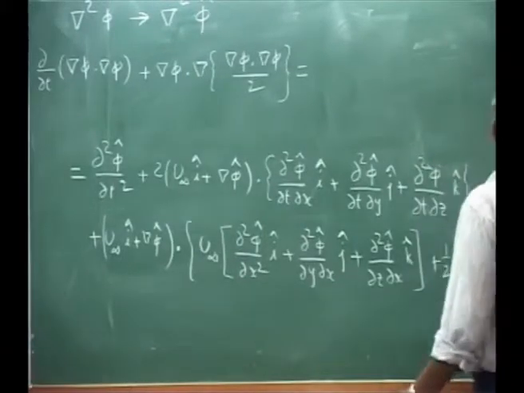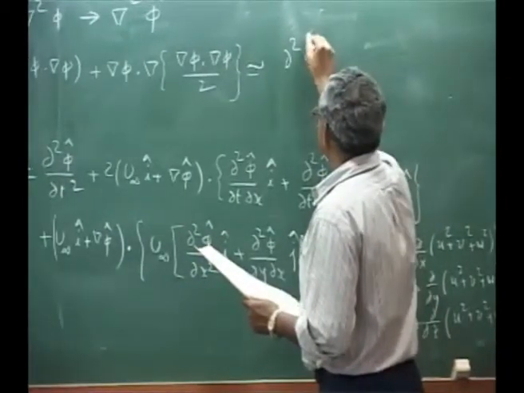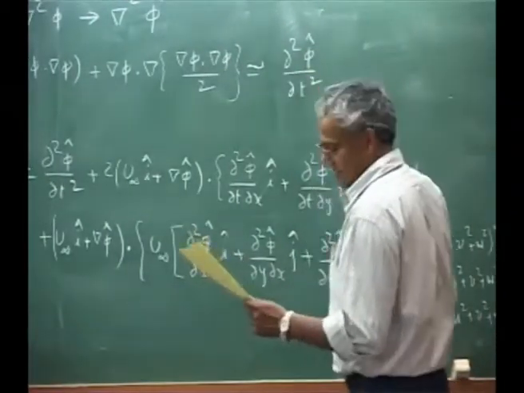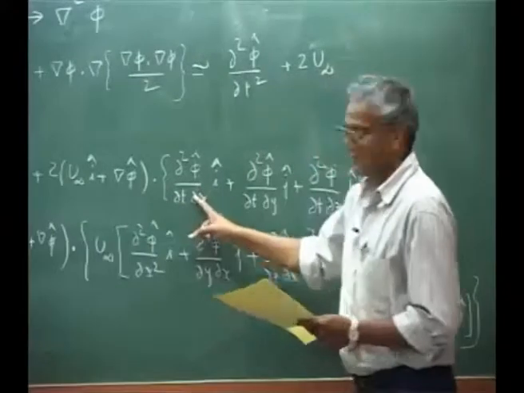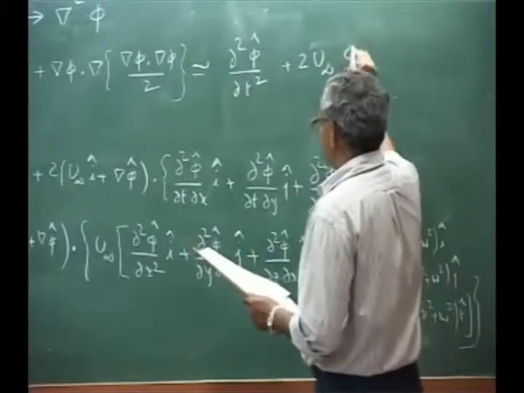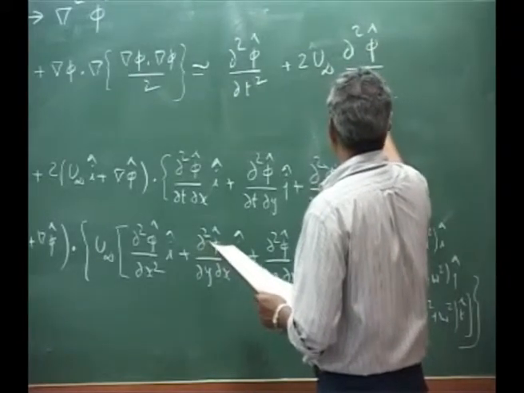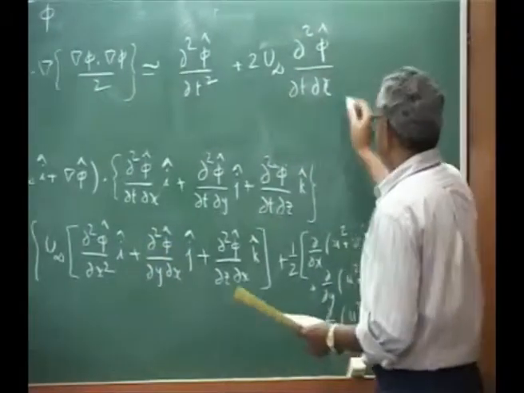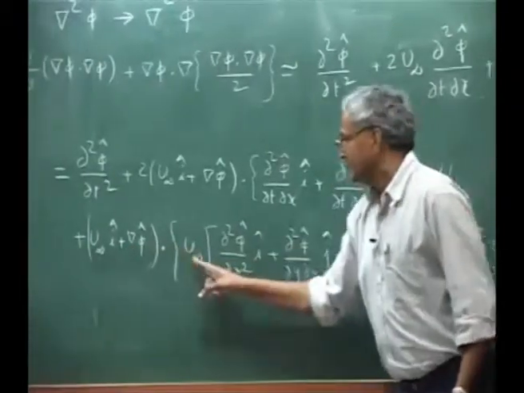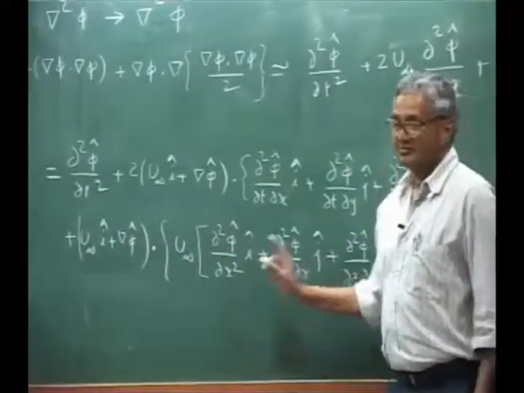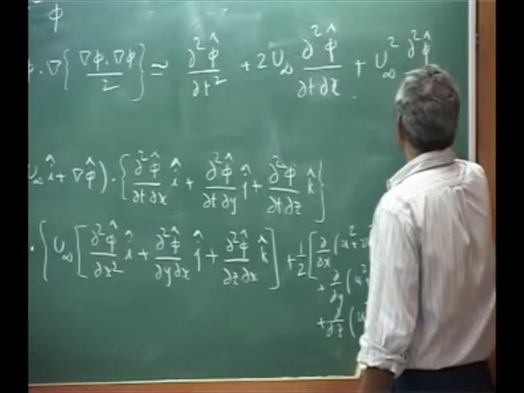The final expression will be approximately del square phi hat by del t square plus 2 u infinity del square phi hat by del t del x plus u infinity square del square phi hat by del x square.